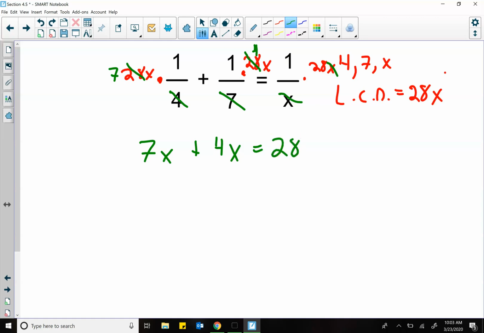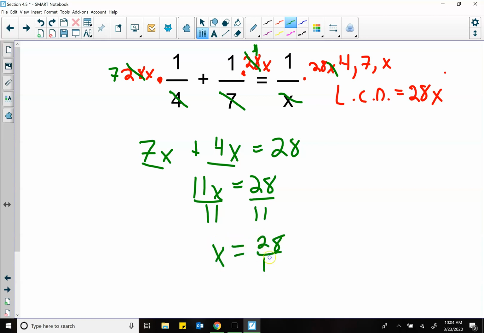So we're going to take the 7x and the 4x and put those together because they're like terms, which will give you 11x equal to 28. Divide by 11, divide by 11, x is equal to 28 over 11, and that does not reduce.